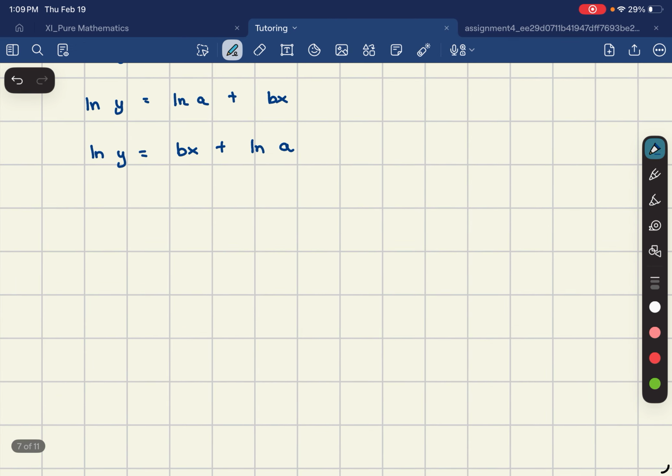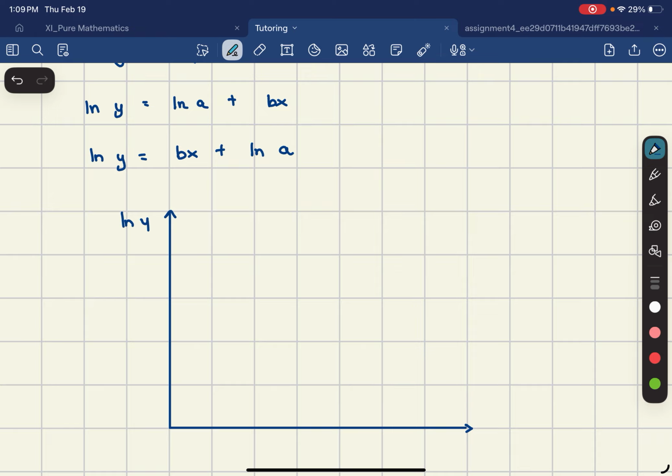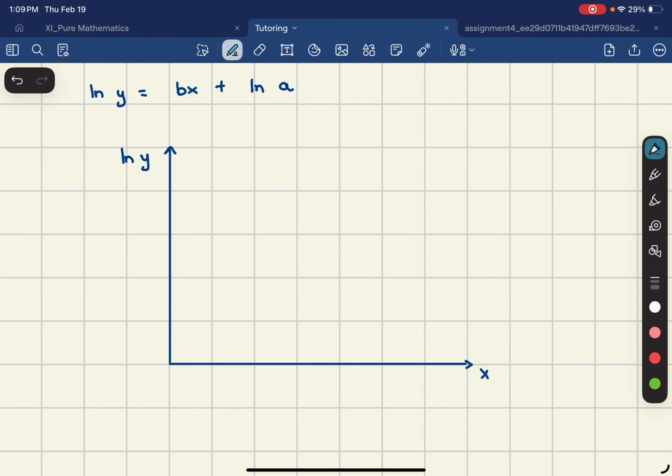And now, if you plot the graph of ln y against x, you see that, hey, I can understand this as mx, and this is c. And if I say this is my capital Y, then I have something like this.